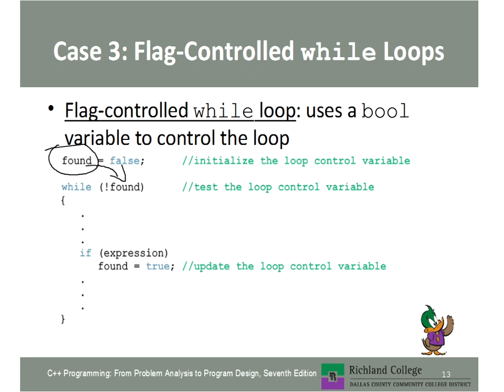Now we have the exclamation point in front of it, so that means not false. Not false is true. So we are in the loop body. If the expression is true, then we're going to flip that found to true. So when we evaluate the expression and we negate the true, it becomes false.